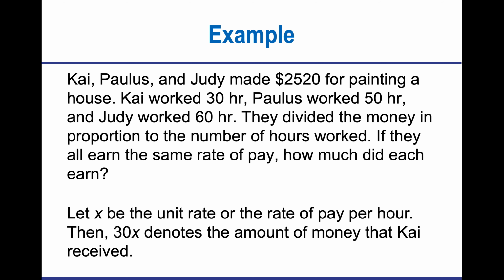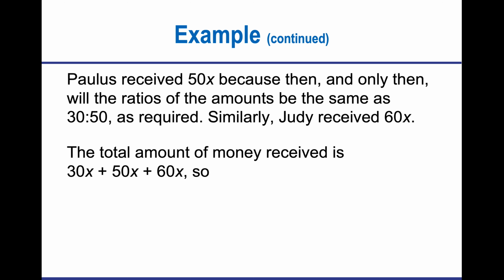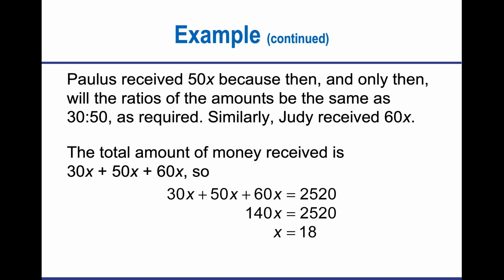In this example, I want to let X be the unit rate, and in this case, the unit rate is the pay per hour, so per singular hour. Then 30X is going to be the amount of money that Kai received. If I have the other person receiving 50X, will the ratios be the same as 30 to 50, as required? The total amount of money is the 30 and the 50 and the 60 combined from the three people.